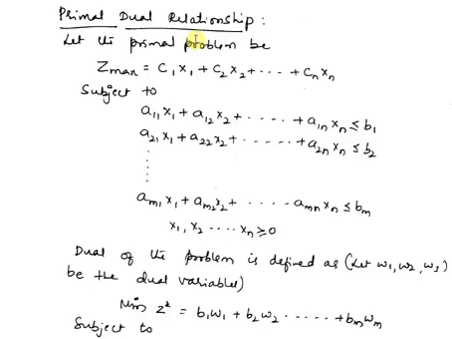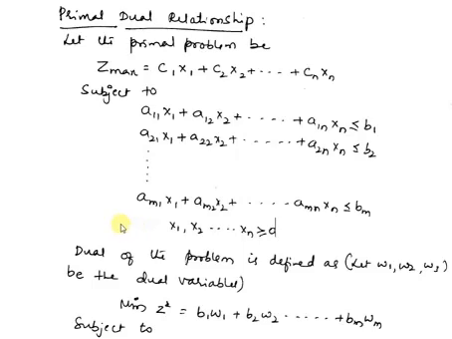That is, in the example you can see, let the primal problem be z max equal to c1 x1 plus c2 x2 and so on till cn xn, subject to some constraints: a11 x1 plus a12 x2 and so on, a1n xn less than or equal to b1, and similarly the second constraint, a21 x1 plus a22 x2 plus so on till a2n xn less than or equal to b2, and so on, with the non-negativity constraints here.